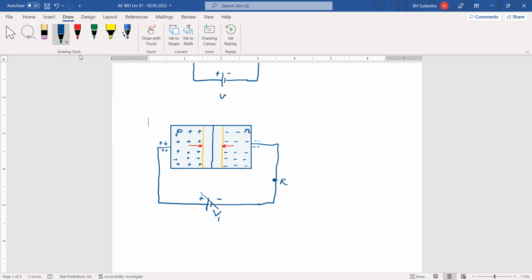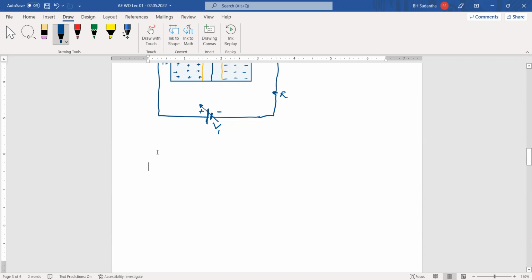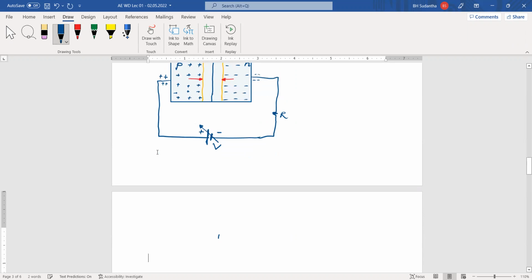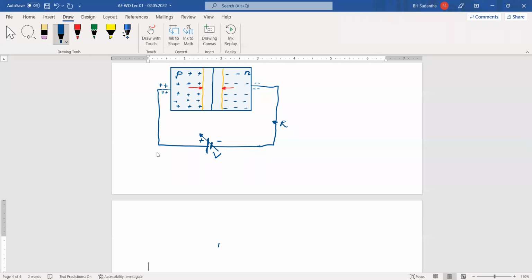Okay. And if it is possible to increase this voltage, assume that here we have a variable voltage source, then we can increase the voltage value. After that, we can increase this voltage to a certain level in which V2 is greater than V1.